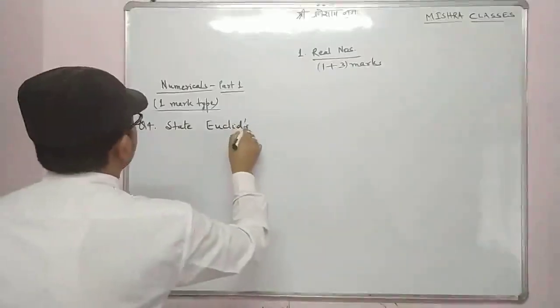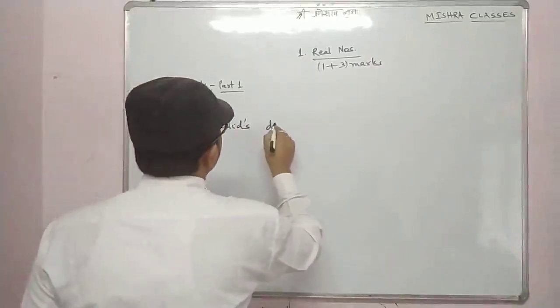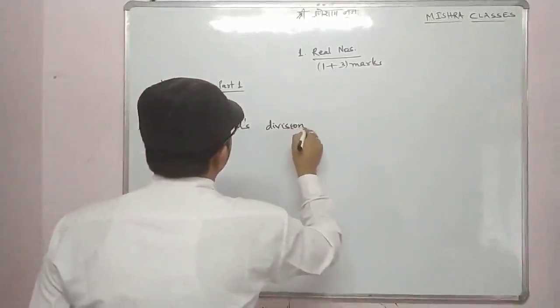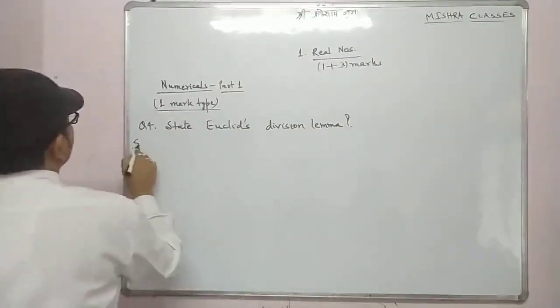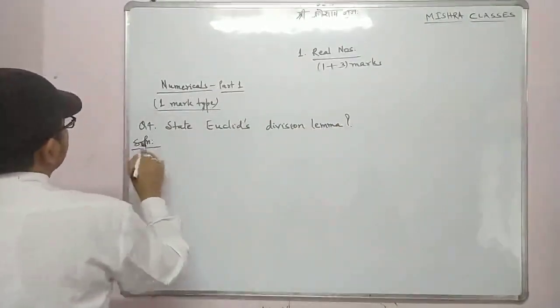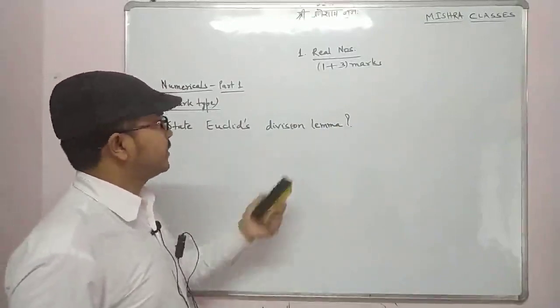Next we have question number 4. State Euclid's division lemma. If you remember, we have done one concept, Euclid's division lemma or algorithm. So what does it say?